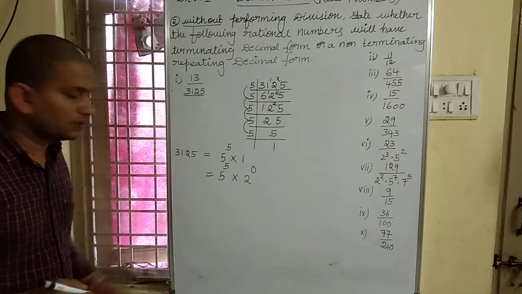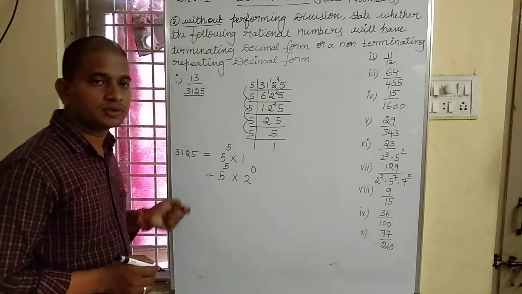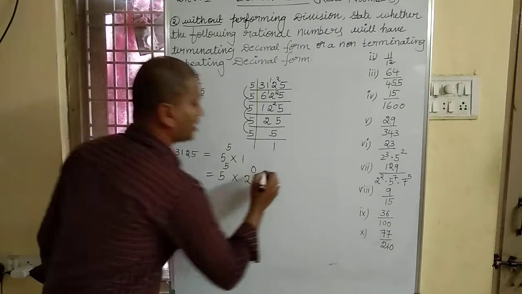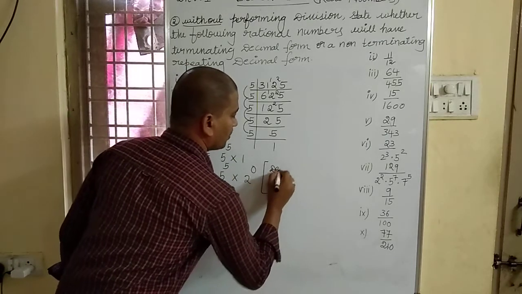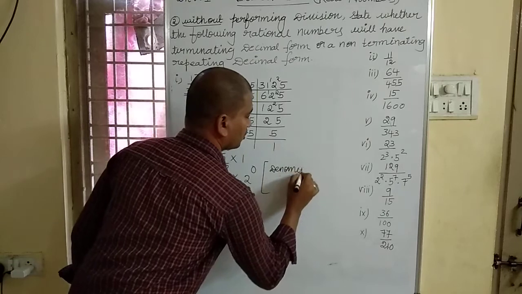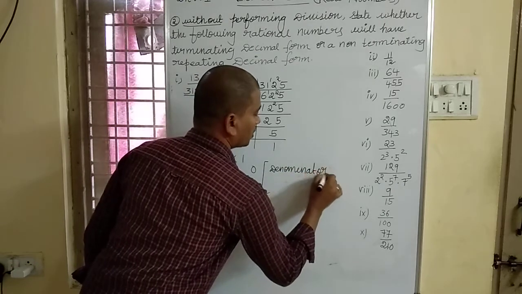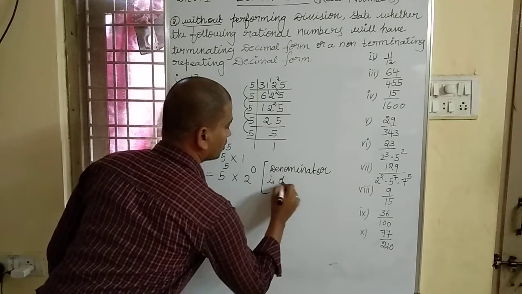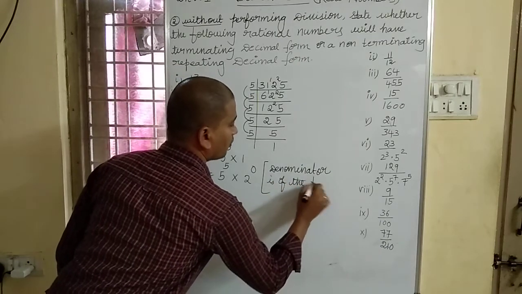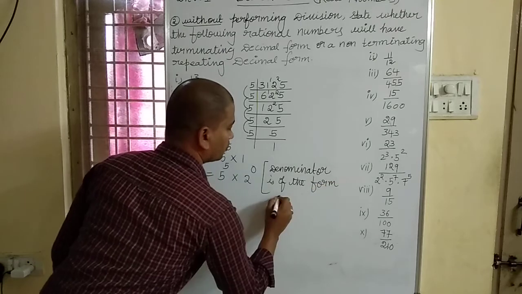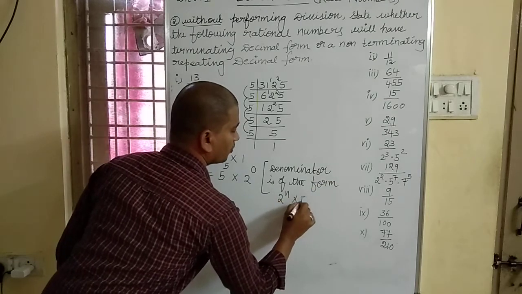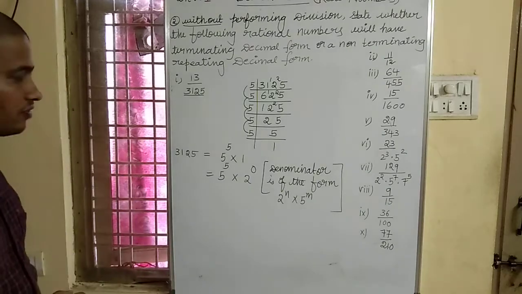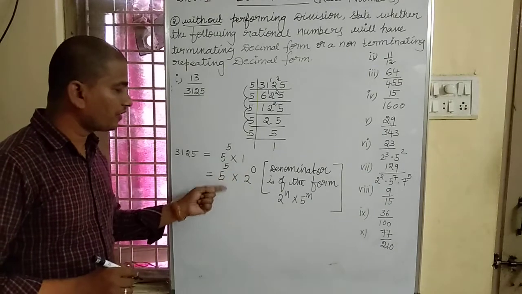You can observe here the denominator 3125 is of the form 2 power n into 5 power m.